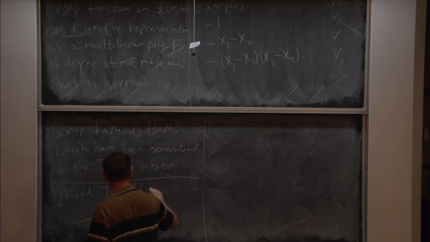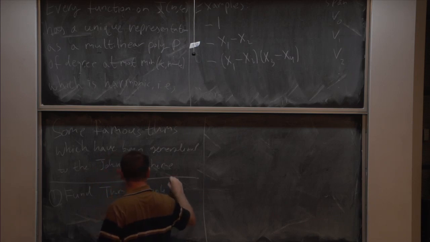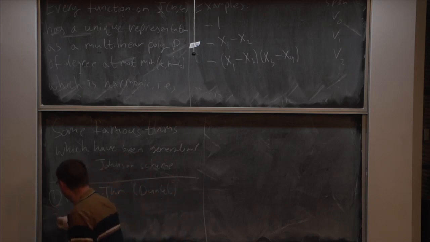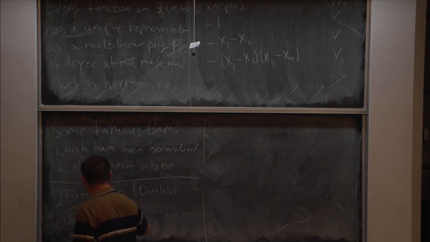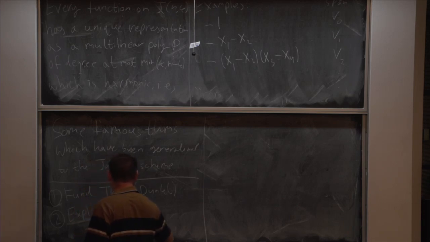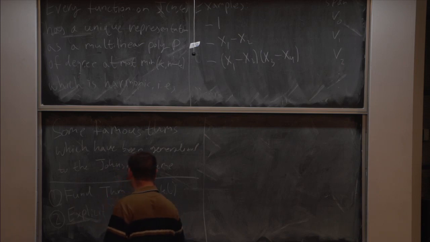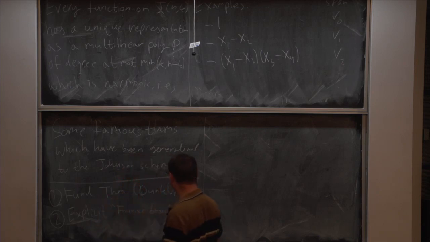So this is due to Dunkl. And there's an explicit Fourier basis. This is really what is known as a Gelfand-Tsetlin basis.